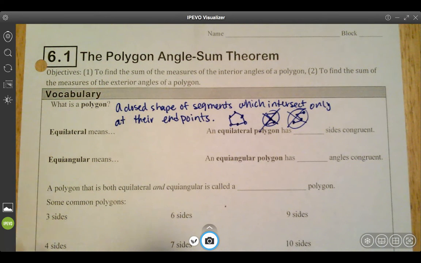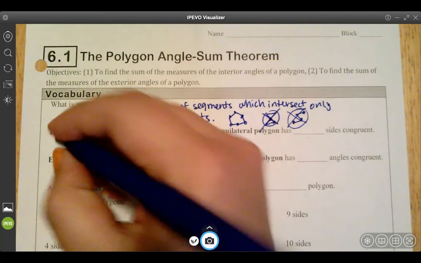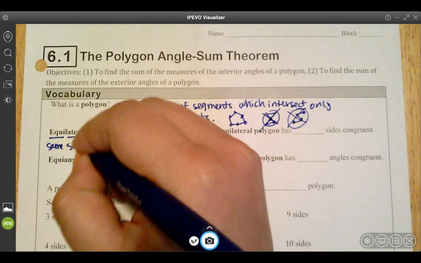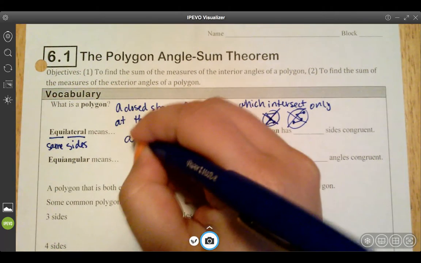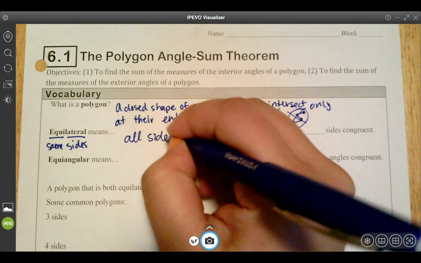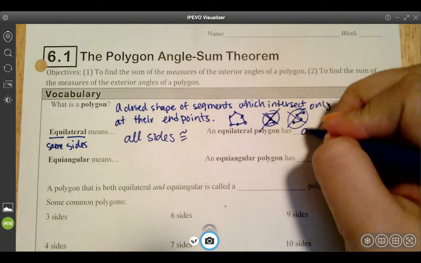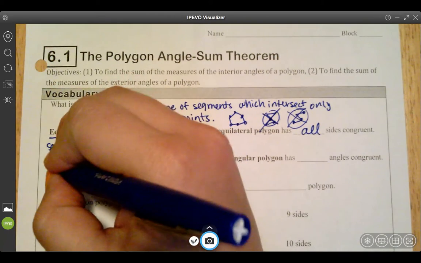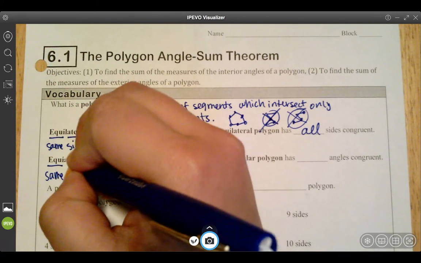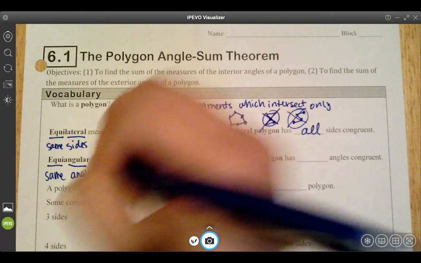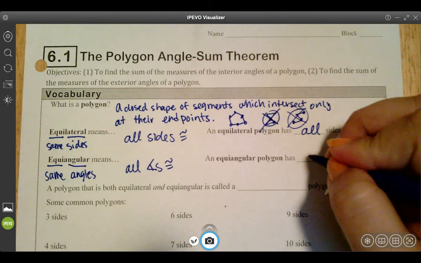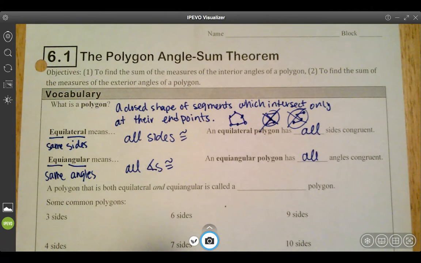If you remember from triangles, we said that equilateral means the same sides. So this means all sides are congruent. Equiangular means the same angles, which means all angles are congruent. Now we had a special case in triangles that if it's equilateral, then it's also equiangular.